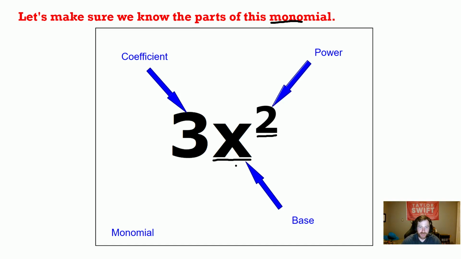So in this case, if we had a 4x squared here, we would be able to combine it with this monomial to simplify like terms because 3x squared and 4x squared have the same base raised to the same power. After that, it's as simple as adding the coefficients.